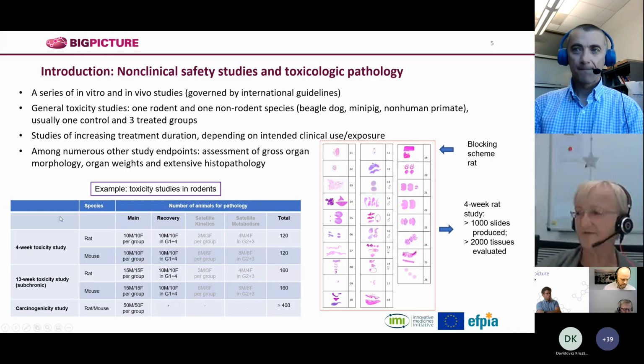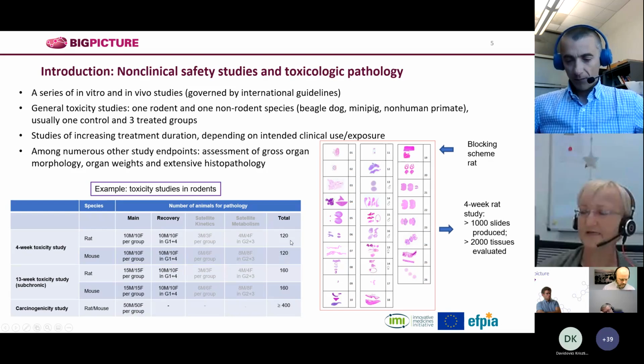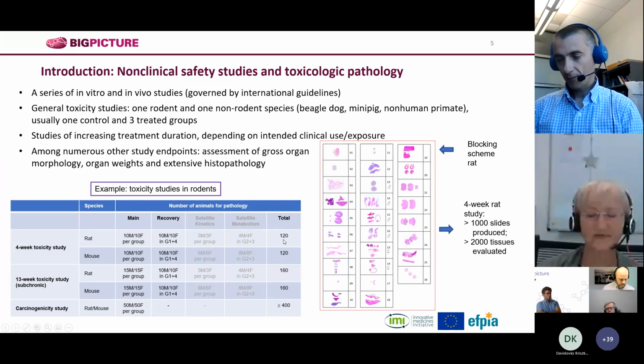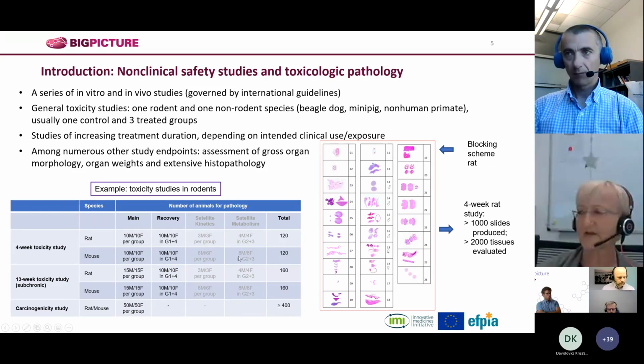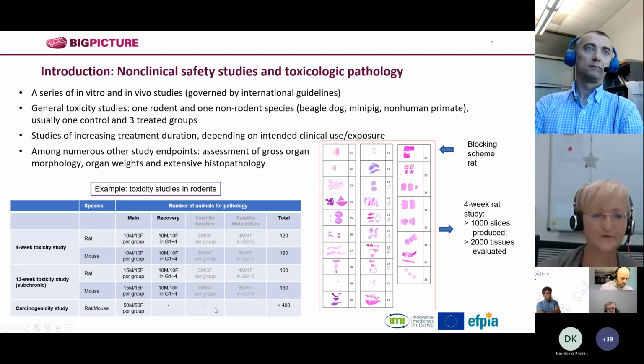And just to give you an impression for that type of study, for pathology, we end up with 120 animals in such a study. Here in gray, you can see study groups which are not evaluated in pathology. They are used for other study endpoints.